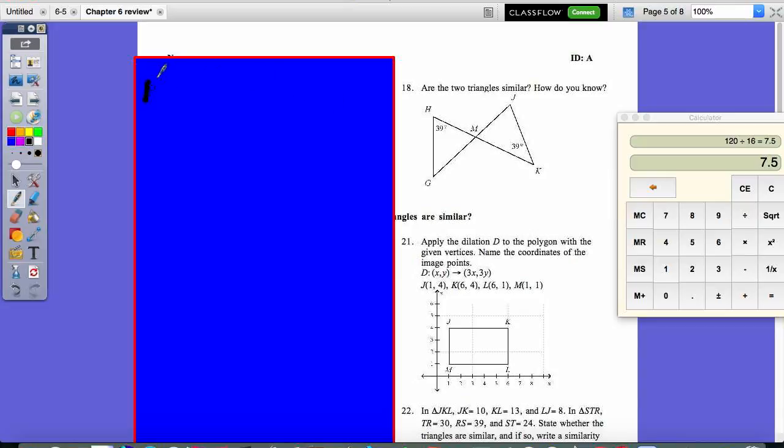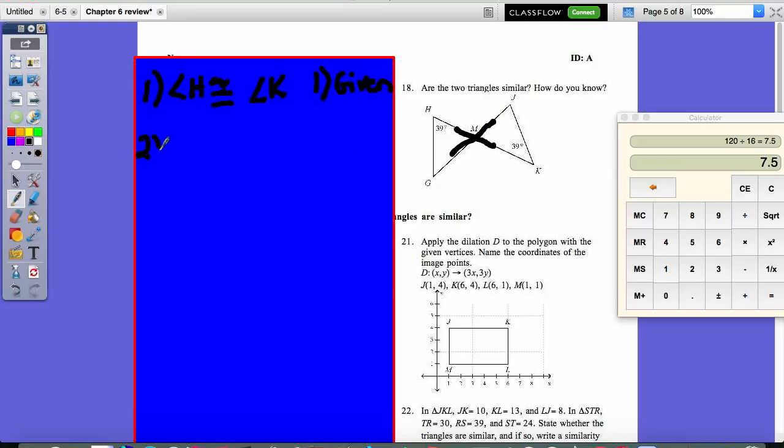And if you were asked to prove it, you could say angle H is congruent to angle K, because that's given. They're both 39 degrees. Then, hopefully you would see you have two sets here of vertical angles, and this angle and this angle are vertical angles that are going to be congruent, and they're parts of the triangle.